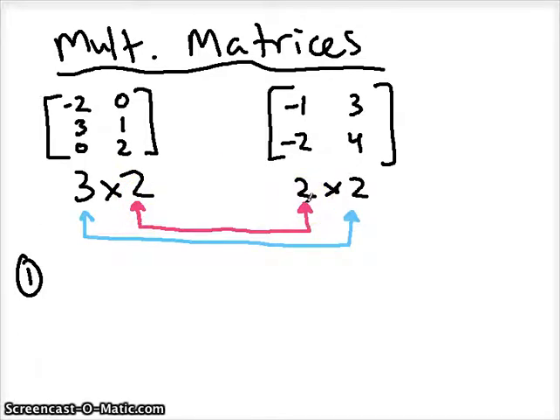So again, check the number of columns and the number of rows. Make sure they're the same. If they are, then you know your outcome is going to be the size of the rows by columns over here.